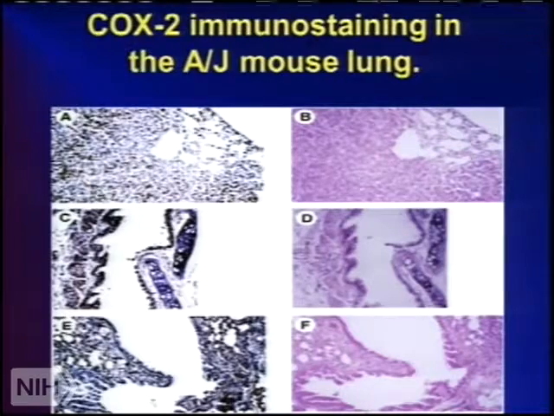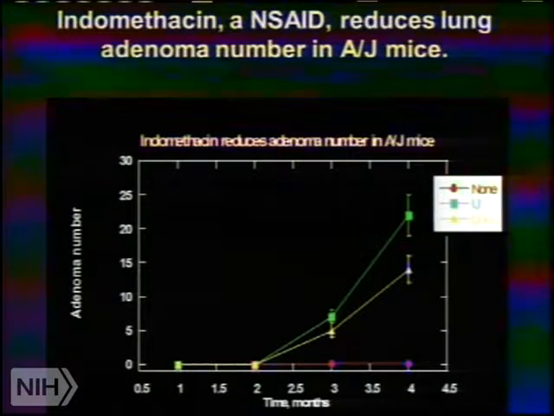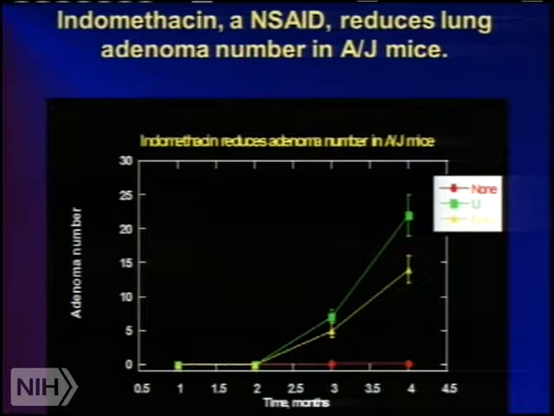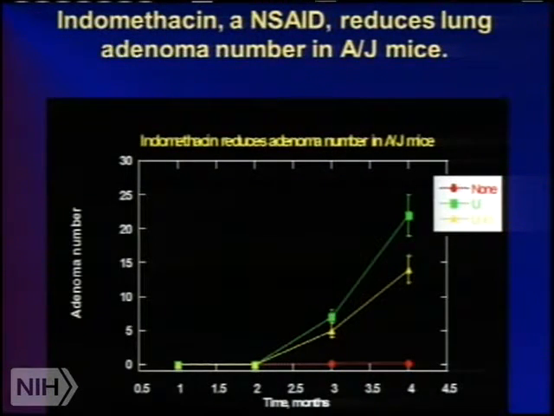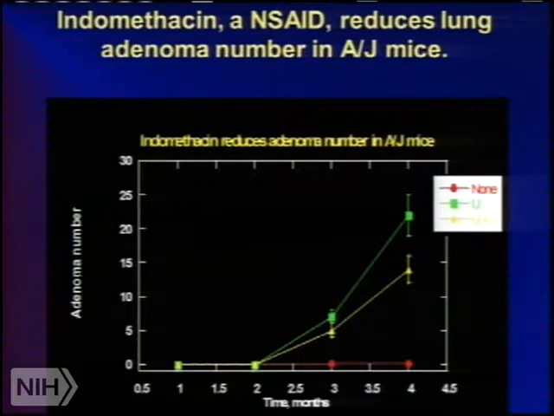You breathe in oxygen, you breathe out CO2. Then here's the bronchus, with lots of cartilage. And we see the adenoma as well as the bronchiola in the lung. So COX-2 is sort of ubiquitous to the lung. It's present in many different places.